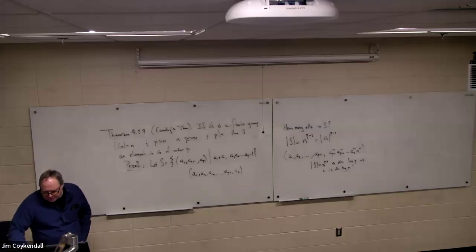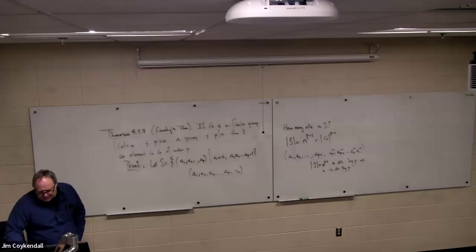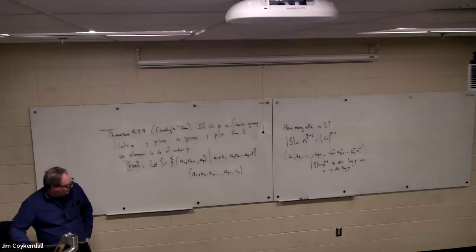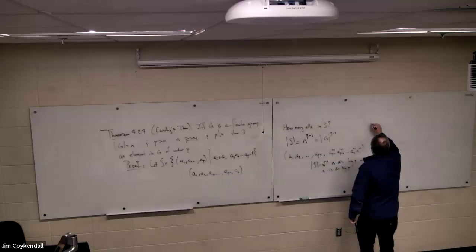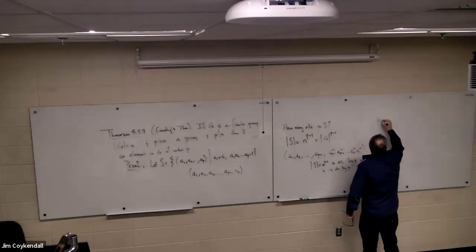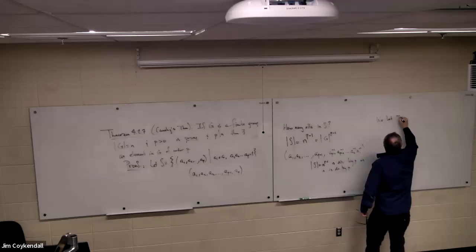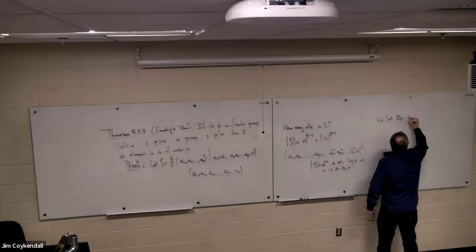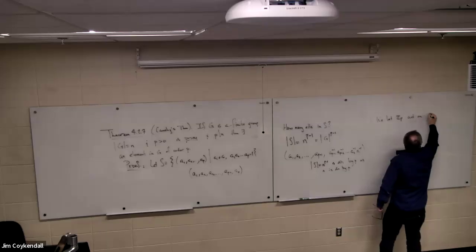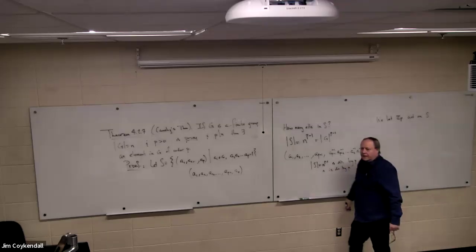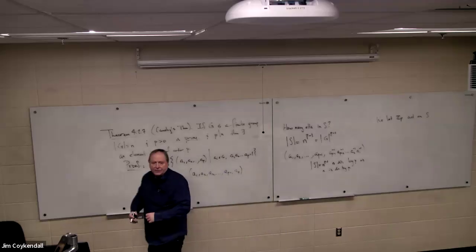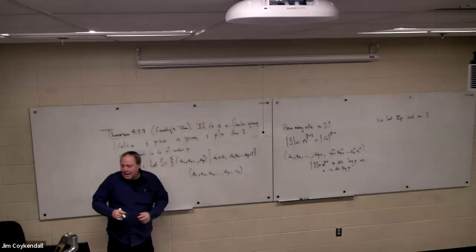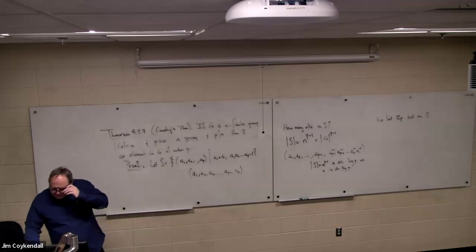So what I'm going to do is I'm going to let the group C_P act on the set S. I'm going to define a group action of C mod P on the set S, the set of P-tuples. And how am I going to do this?